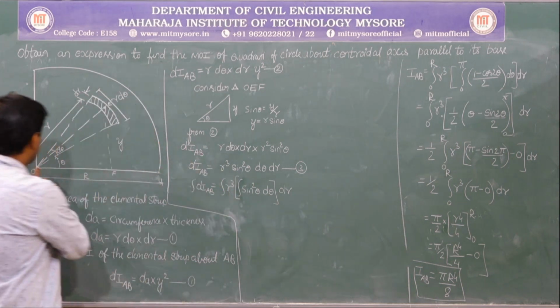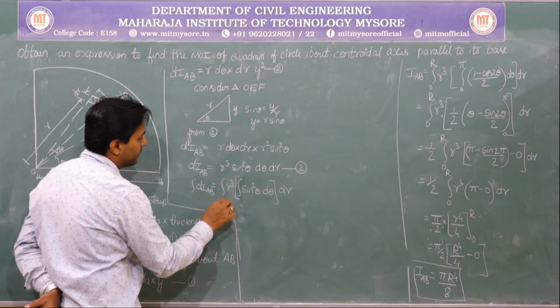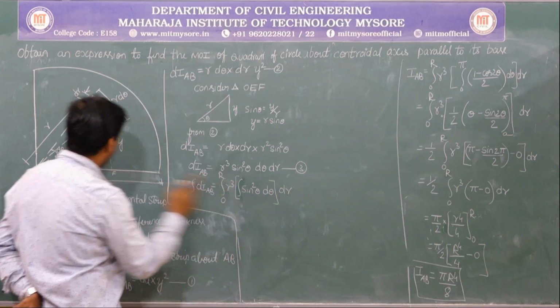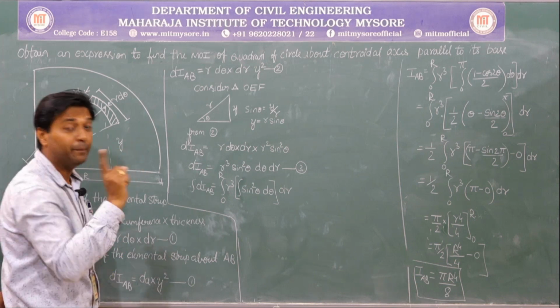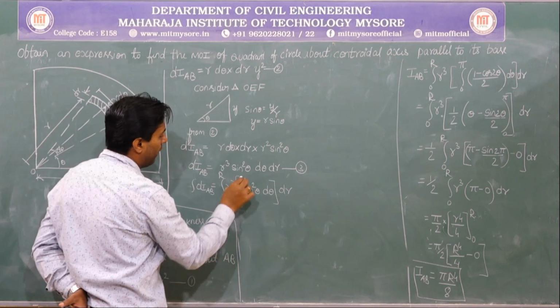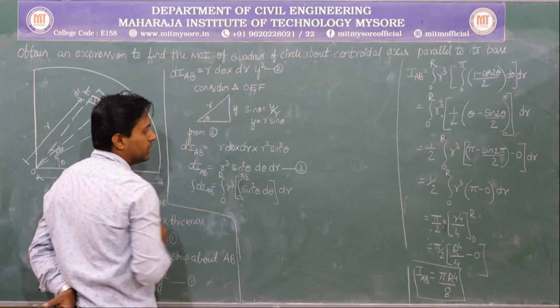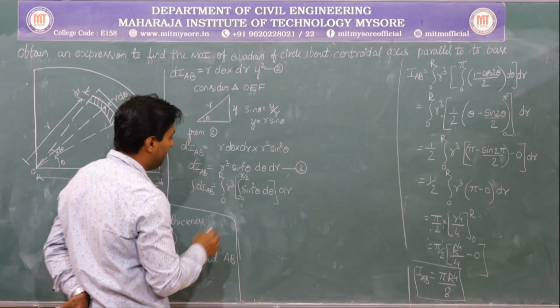For r, 0 to R is the limit, 0 to capital R. For the angle, what is the maximum angle in the quadrant of a circle? 0 to pi by 2.